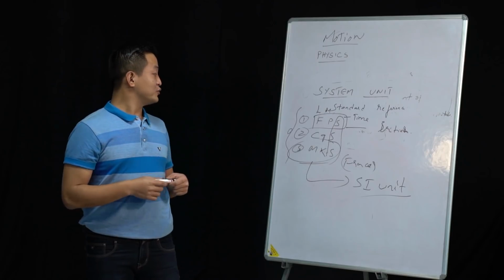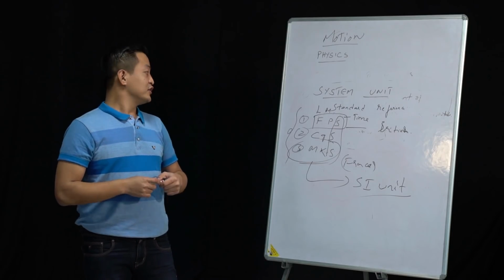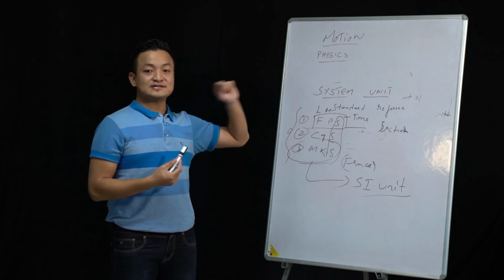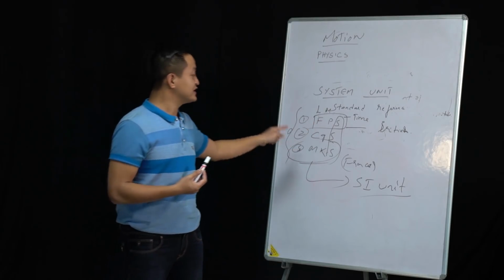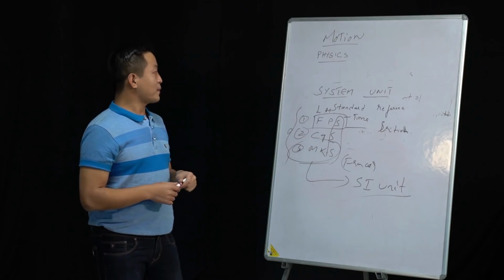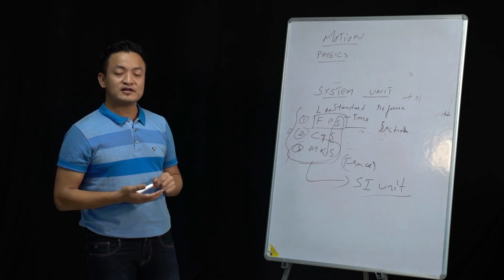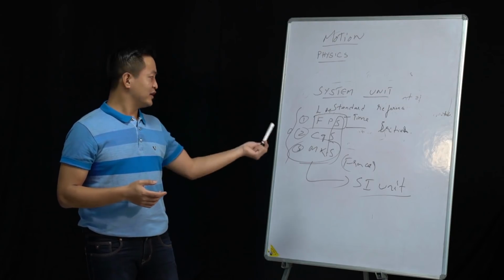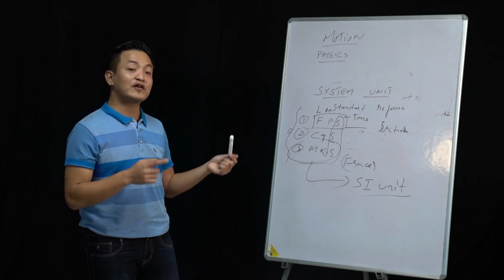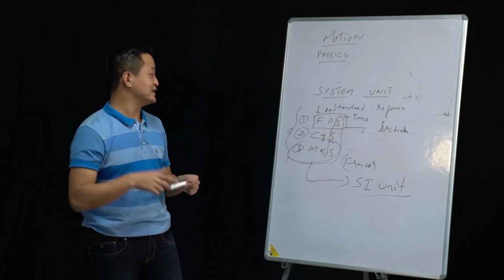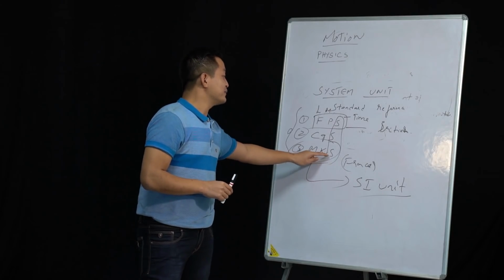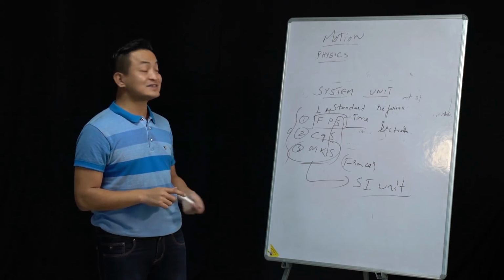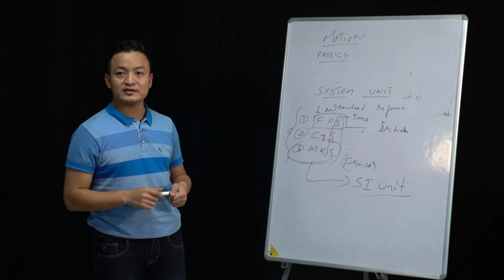Whenever you get a numerical question, you have to convert everything to meter, kilogram, seconds. Clear? So for example, if you get a question, Ramu runs for 5 hours, then you will not express the answer in hours, but you have to convert it into 5 into 60, to adhere to this third MKS, which is SI unit. So I'm sure you are all clear with the various systems of unit.